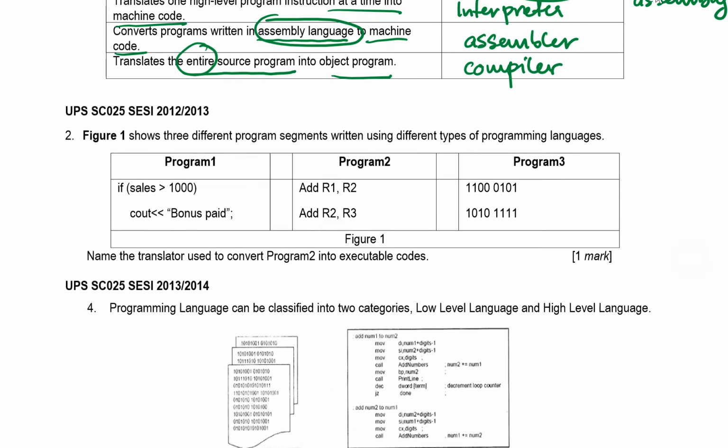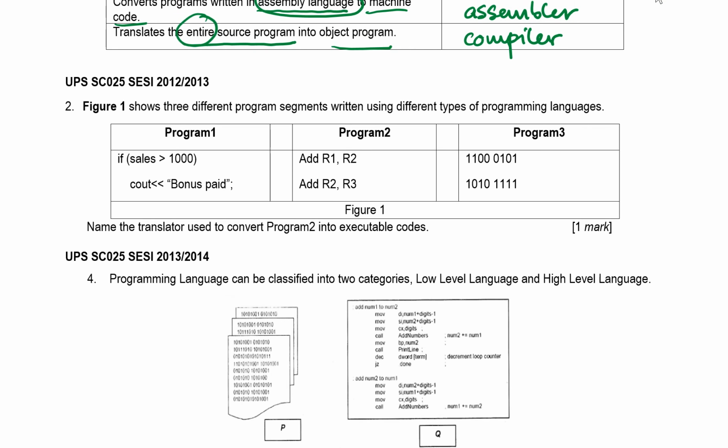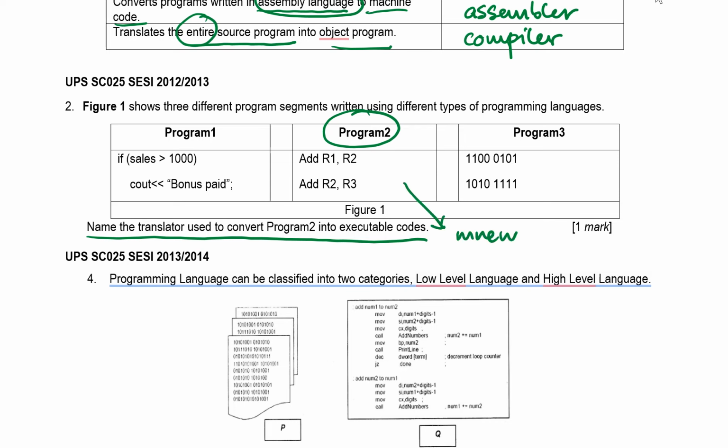Right, next for question number 2. Name the translator used to convert program 2 into executable codes. What is program 2? Program 2 actually is a mnemonic code or abbreviation, singkatan.